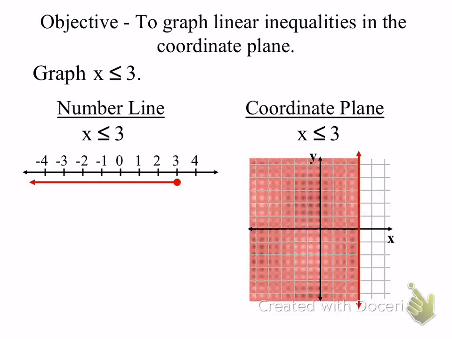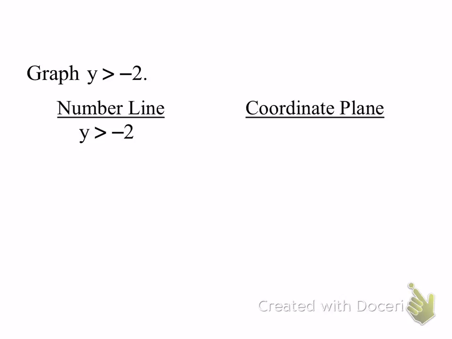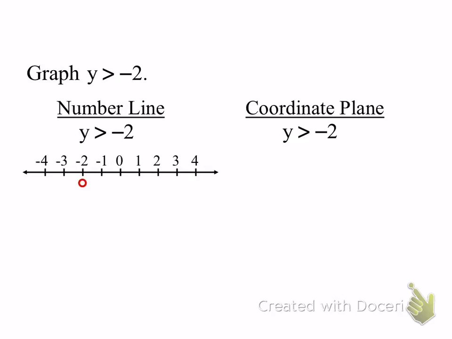What's it going to look like when we graph it on the number line? Gabby? An open circle at -2 going in what direction? To the right. If it's open, what does that mean, Zach? It's not included in the solution set. -2 is not included in the solution set.